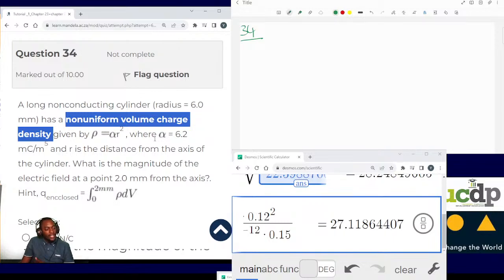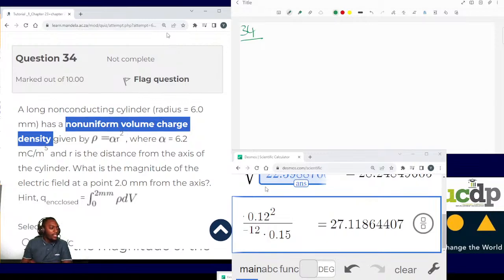You've been given a hint there that the charge enclosed is an integral of rho dV with integral limits of 0 up to 1. So how do we go about this question? This question is different from the 2 previous questions in the sense that the charge density is not uniform, right?